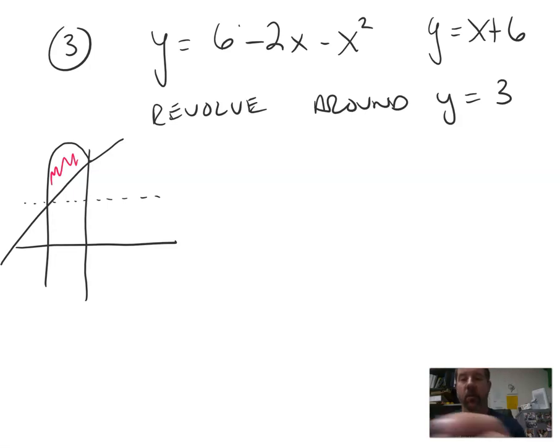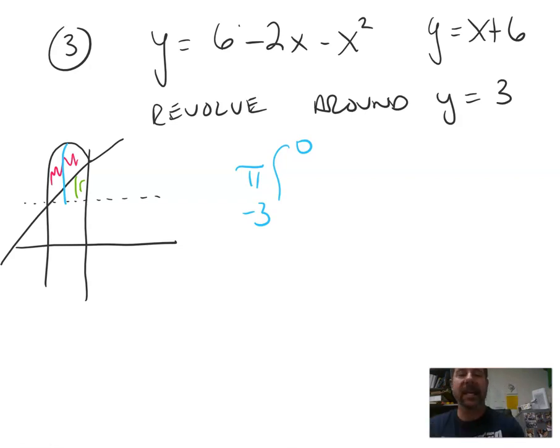And in the last problem, we went and found our limits. They're still going to be the same. I'm going to go from -3 to 0. Pi. It's just now that big R squared, instead of going all the way down to the x-axis, big R is only going to go to that line. And same thing, little r is only going to go to that line.